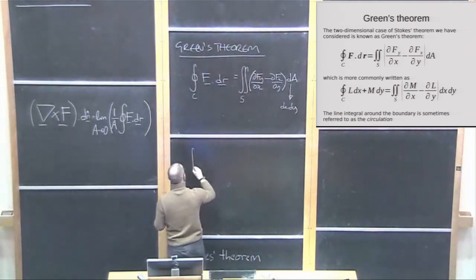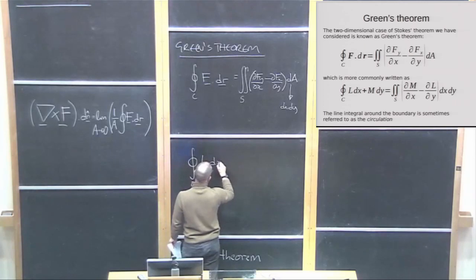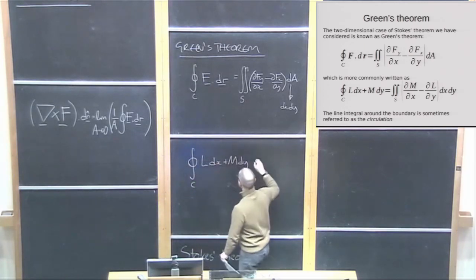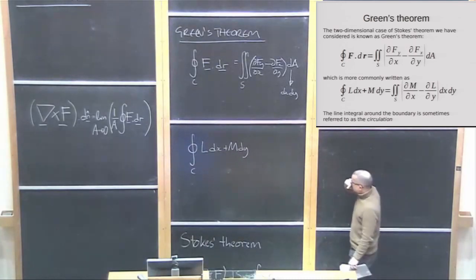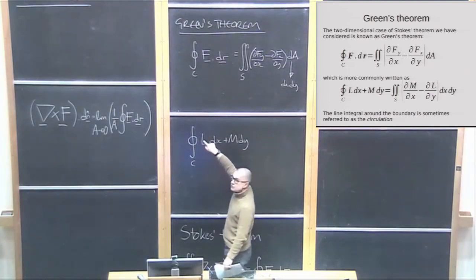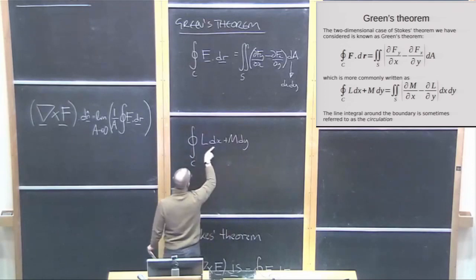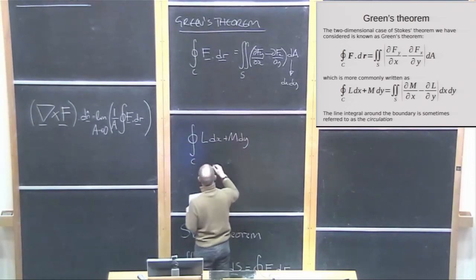But Green's theorem is often expressed in the following form. Consider the line integral L dx plus M dy around some shape. So what this is saying is that this is the component of the field which operates in the x direction, and this is the component which operates in the y direction.